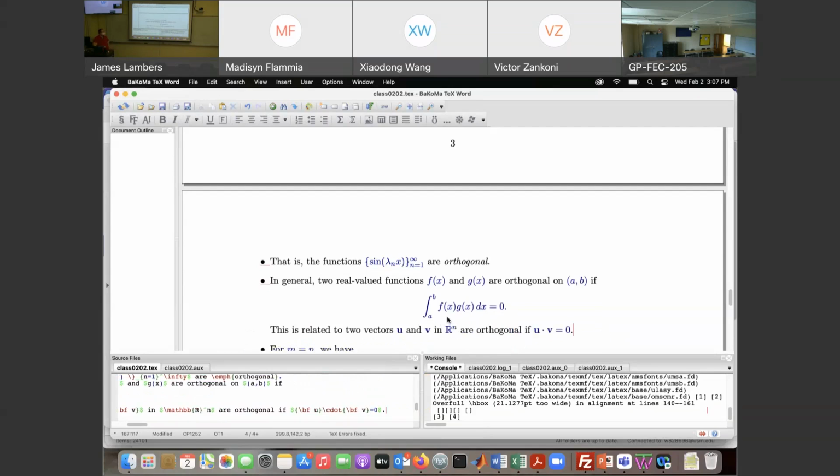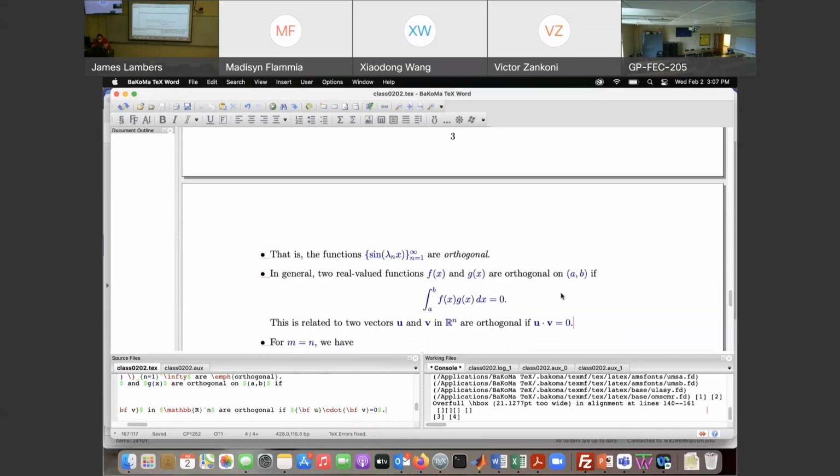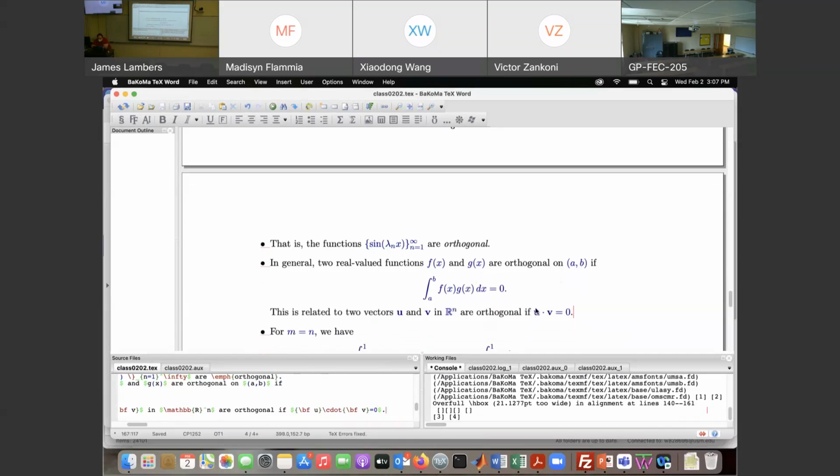It's the same idea. So orthogonality is a wonderful thing because it makes certain equations a whole lot easier to solve. It provides a whole lot of convenience. What is the dot product? Multiply corresponding components of these vectors and add them up. What we're doing here, we're multiplying values of f and g at corresponding x values, and in a way, adding them up because an integral is a limit of a Riemann sum.